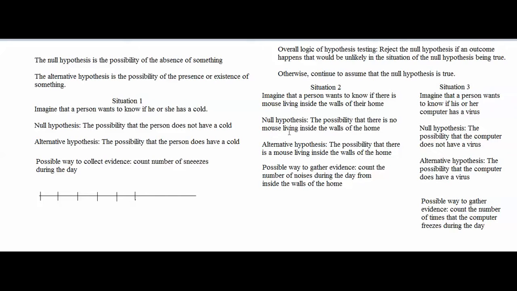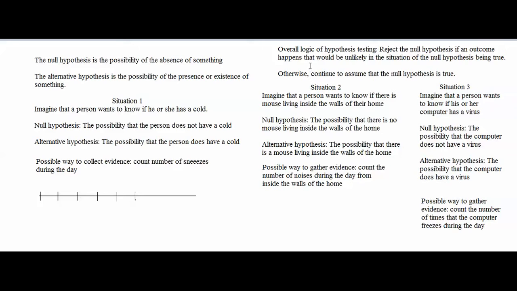So I know that in the situation of the null hypothesis being true and there being no mouse inside the walls of my home, 10 noises would be an unlikely outcome. In other words, 10 noises is something that would be unlikely to happen in that situation.